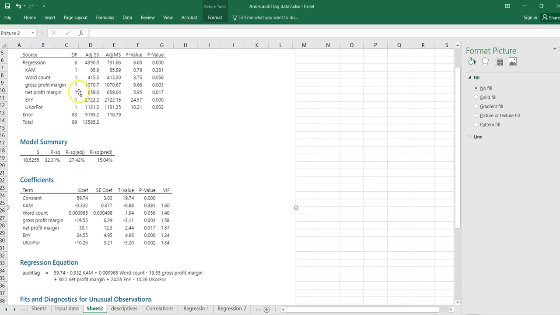You've got to be careful though, because the relationship between the gross profit margin and the audit lag, that relationship is a relationship after controlling for these other variables. And that is the general problem in regression.